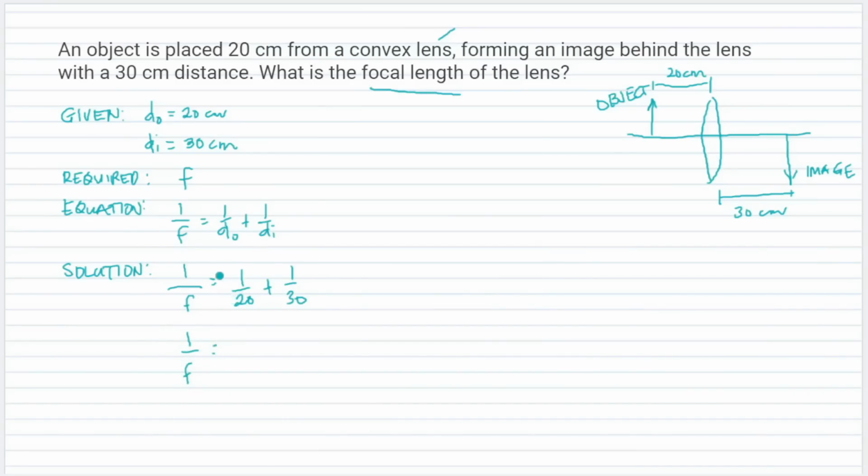That would give us 1 over F is equal to 1 over 12. So F is equal to 12 centimeters. The value is positive, which confirms that our lens is a convex lens.